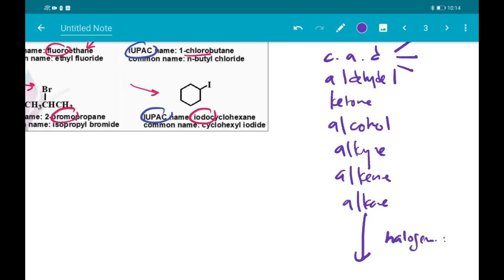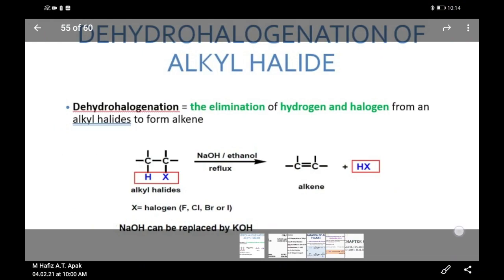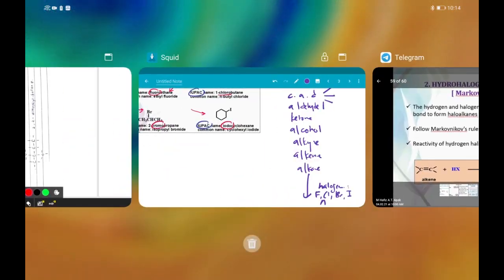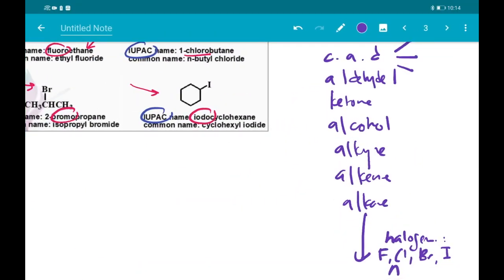Again, I would like to state that the halogens are fluorine, chlorine, bromine, iodine, and also astatine.